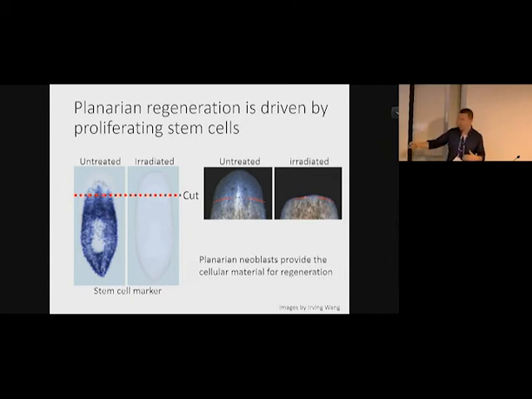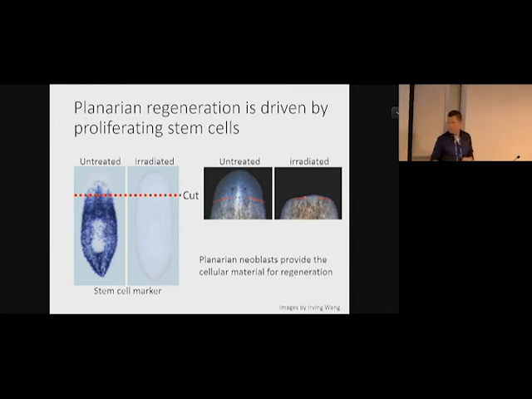What's the stain? This is labeling a stem cell marker that we use, essentially PIWI, which in the mammalian world is used as a germline marker, but in planarians and cnidarians it is considered universal.